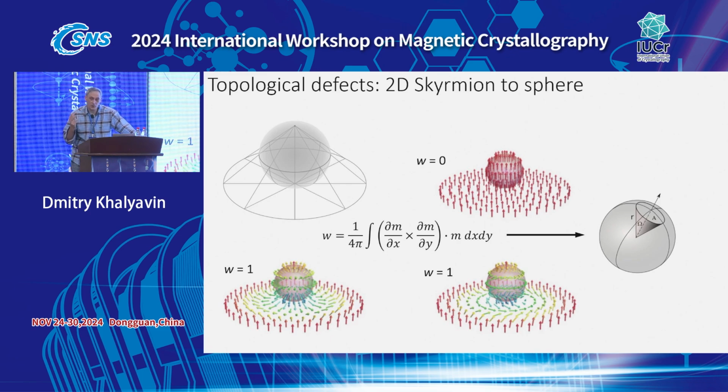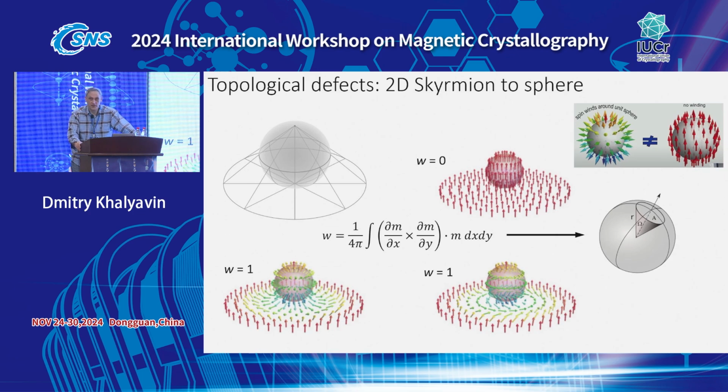So we are dealing with a solid angle instead of simply an angle in a plane, like in the previous case. Defined like that, topological charge tells us that indeed our skyrmions are topological objects, because it shows how many times magnetization wraps around a sphere in this case. And for skyrmions, this charge is the integer number 1, while for the ferromagnetic state it's again 0, telling that these two states are topologically distinct.